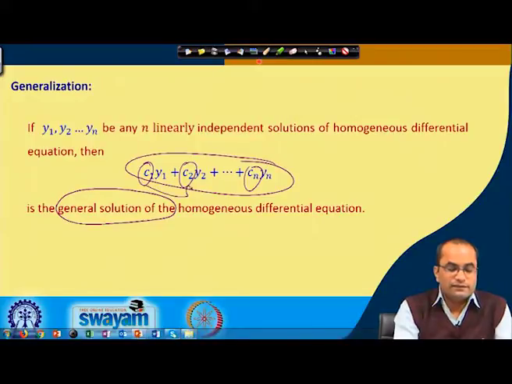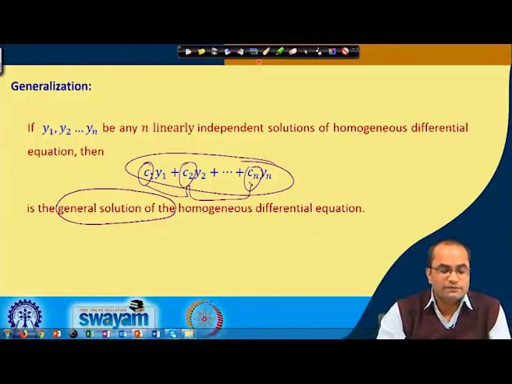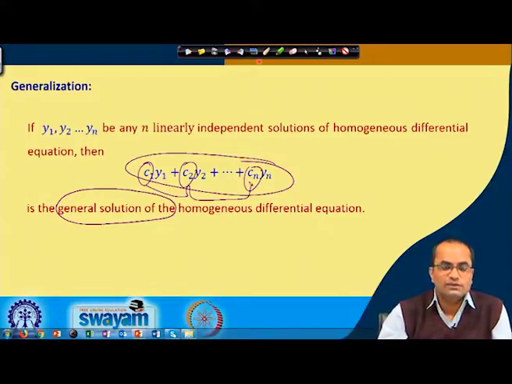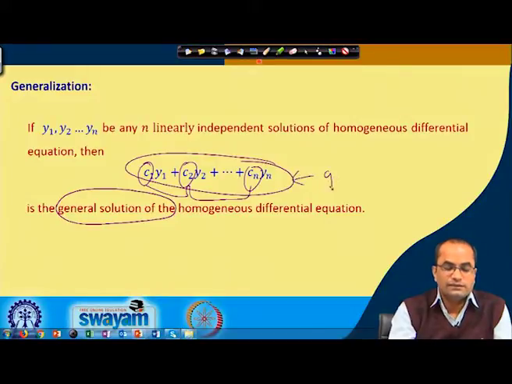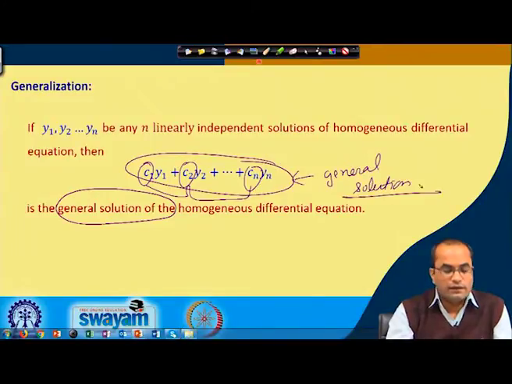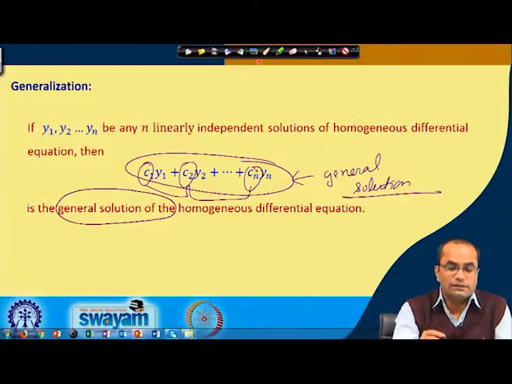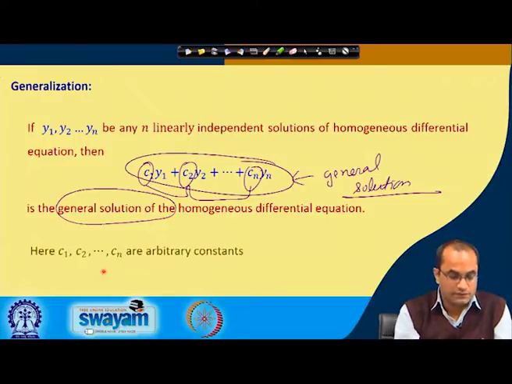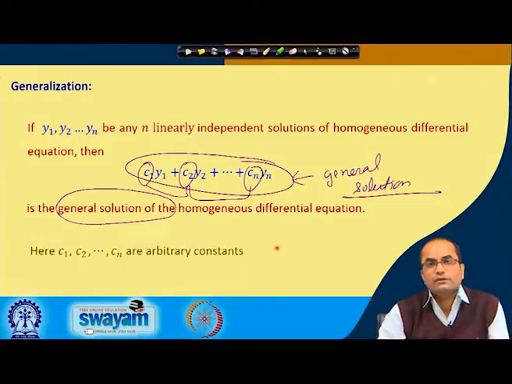When we have these n arbitrary constants in the solution and it satisfies the equation, meaning this is the solution, we can call this the general solution, and these are the arbitrary constants C 1, C 2, C 3 and so on.